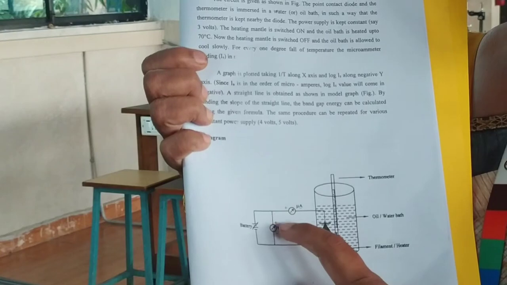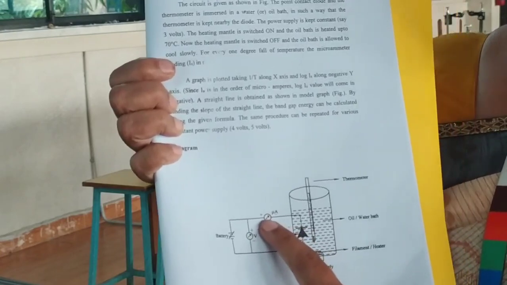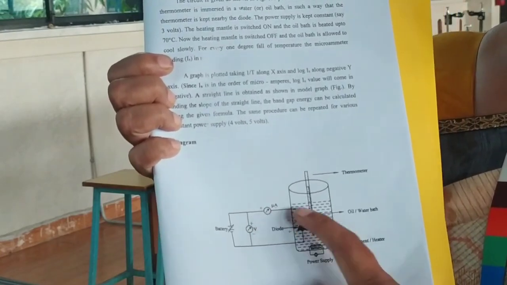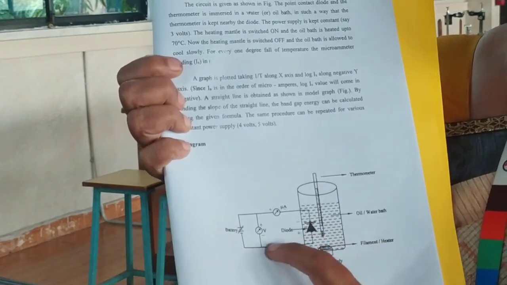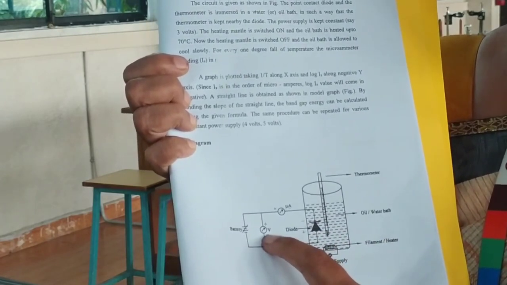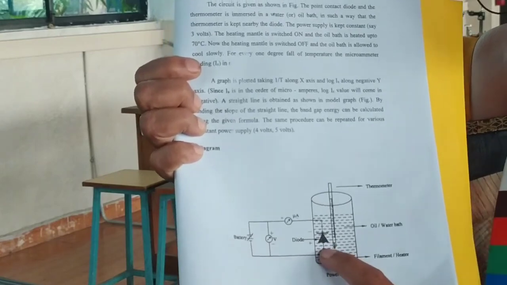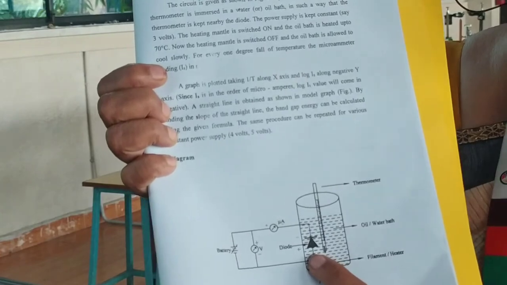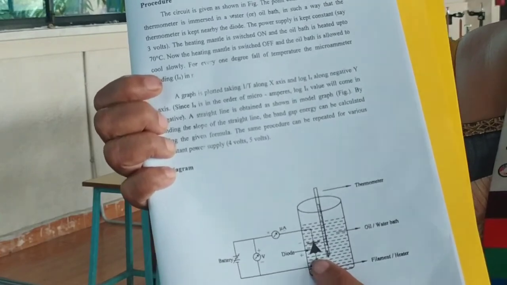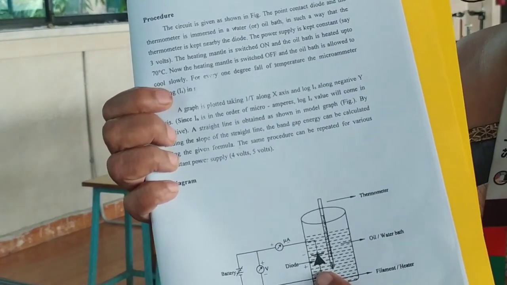Then the positive of the voltmeter is connected to the positive of the ammeter. Then it is connected to the negative of the diode, and the positive of the diode is connected to the negative of the voltmeter again, and the entire diode is immersed in the hot temperature bath because we are going to find out the band gap.